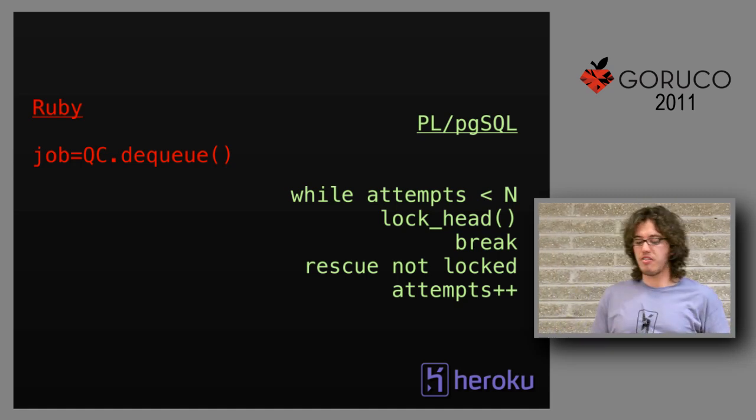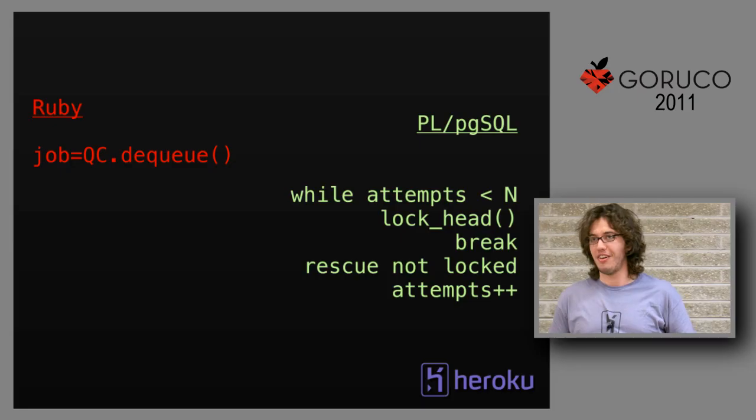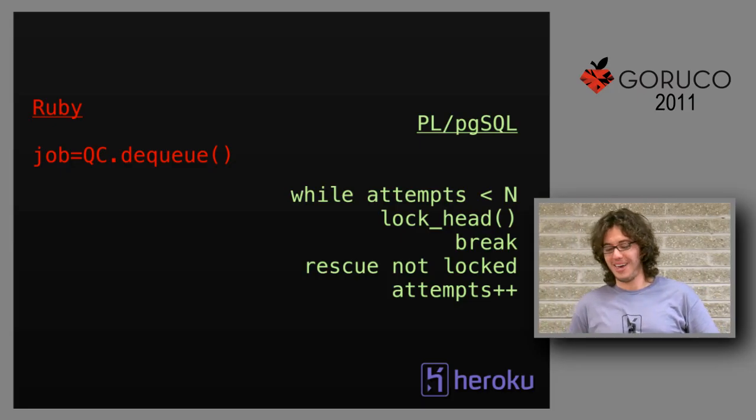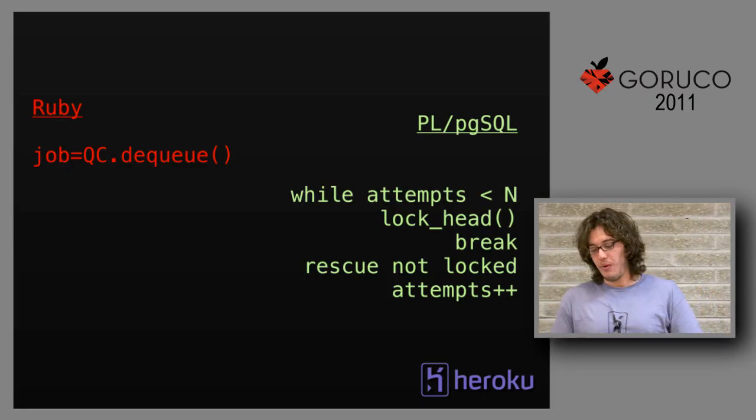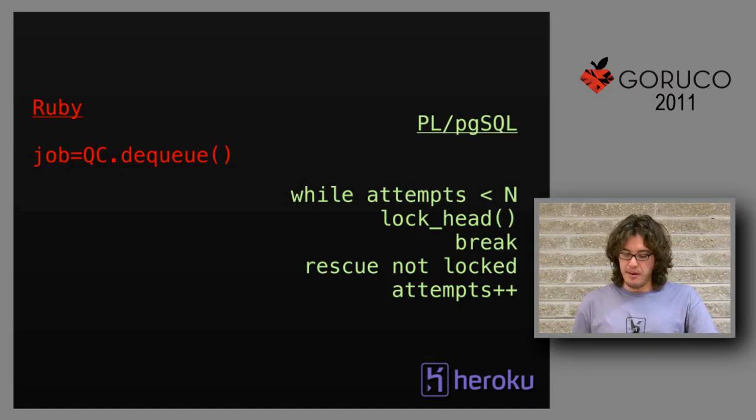So while the attempts are less than n, and n is a very sensitive number to computer scientists. There's been tons of research on what's a good number to stop at, or whether it should be infinite. Anyway, it's totally arbitrary for me. So while we're spinning, call that lock head procedure. If we didn't get an exception, that means we got it. It threw an exception if we weren't able to get it.